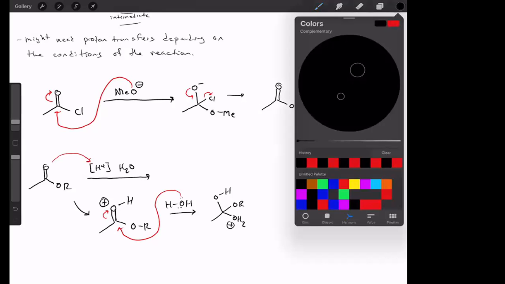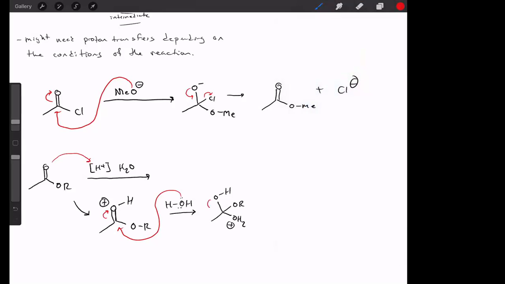I can't just take the OH and have my loss of a leaving group now. If I did that, I would have an OR minus leaving. An OR minus is very basic, so that's not consistent with the reaction either. So I'm going to need to do a proton transfer first.